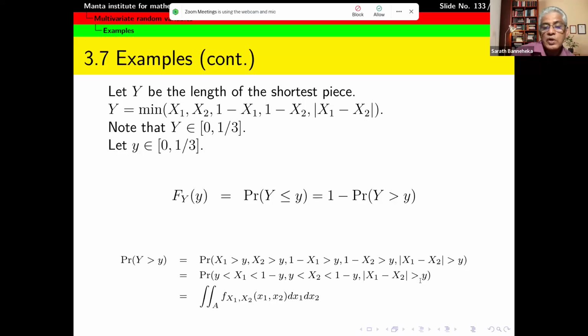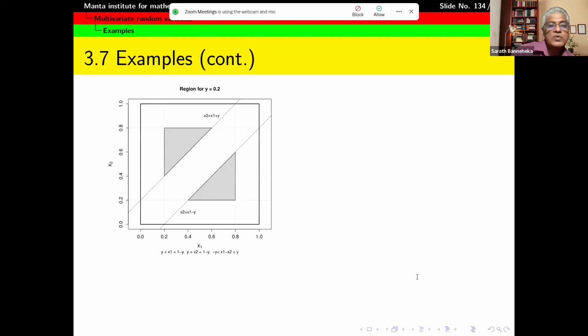Because of the absolute value, one line is given by x1 minus x2 equal to plus y, which gives x2 equal to x1 minus y. The other equation is x1 minus x2 equal to negative y, which gives x2 equal to x1 plus y. So those are these two lines here.